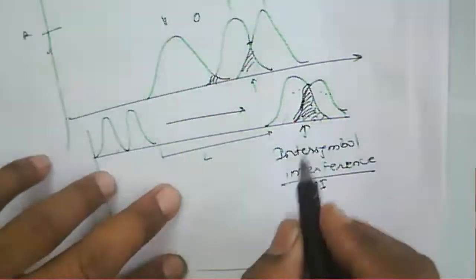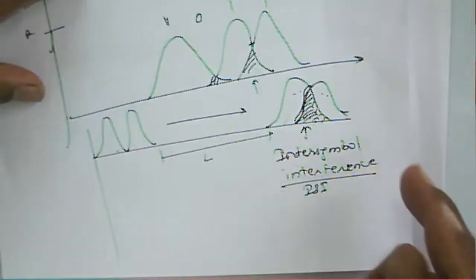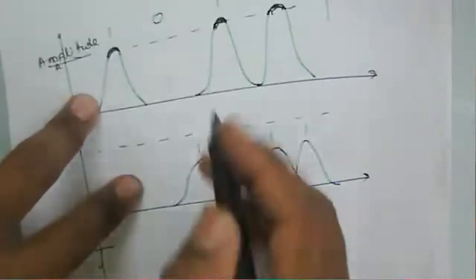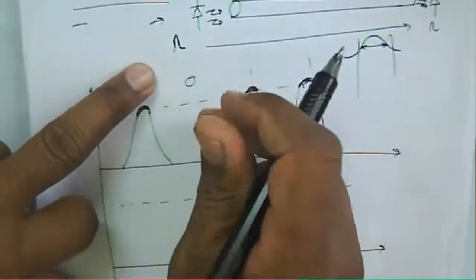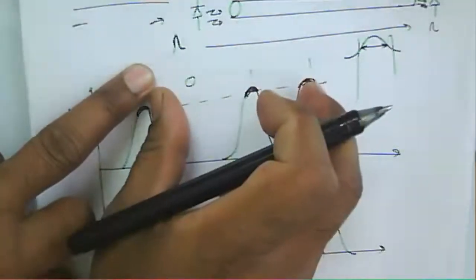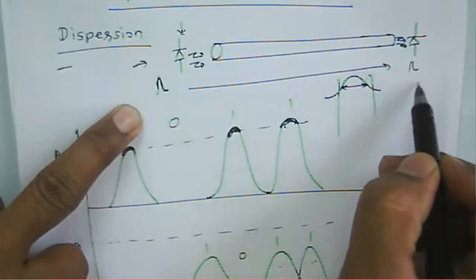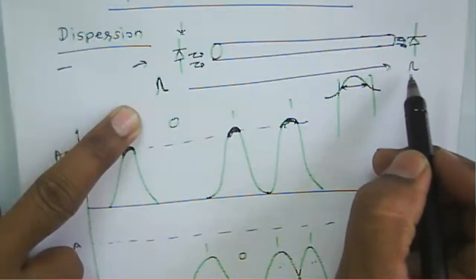That's why it is called intersymbol interference. Because in a fiber we are sending not only two pulses or a single pulse, we are sending a large number of pulses, and at the receiver, because of the pulse broadening, the pulses cannot be distinguished.